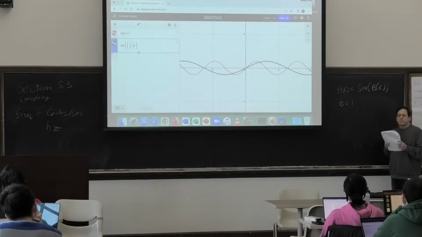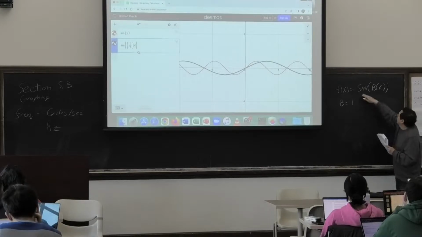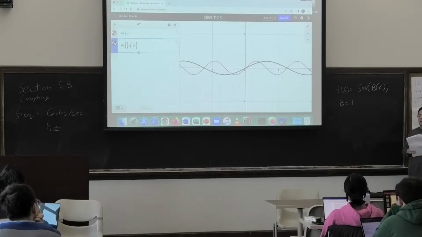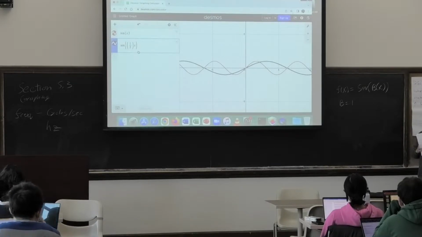Should be pretty straightforward. You just have the sine of x. What's the period on that? I think everybody's here. What have we been talking about? Period of sine function.